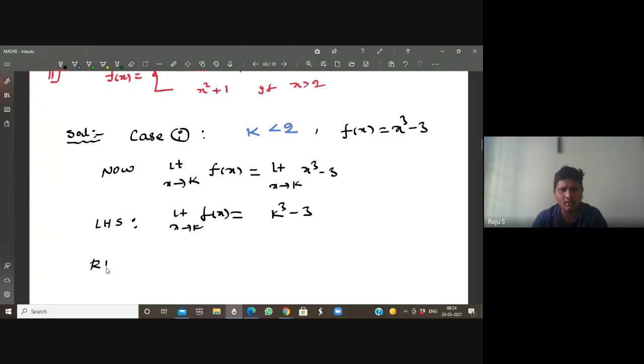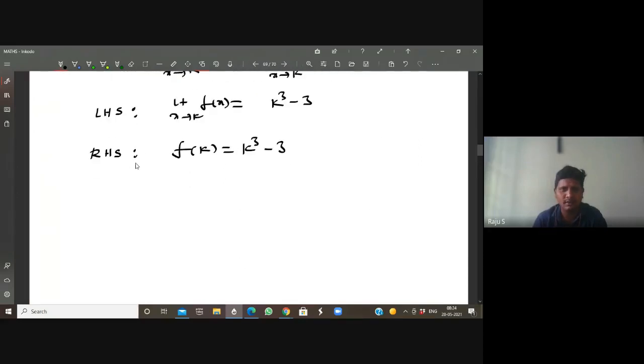Next, RHS. RHS is nothing but f of x is given, just to find f of k. F of x is x cube minus 3. F of k is k cube minus 3. See here clearly LHS equal to RHS. Therefore, limit x tends to k f of x is equal to f of k.